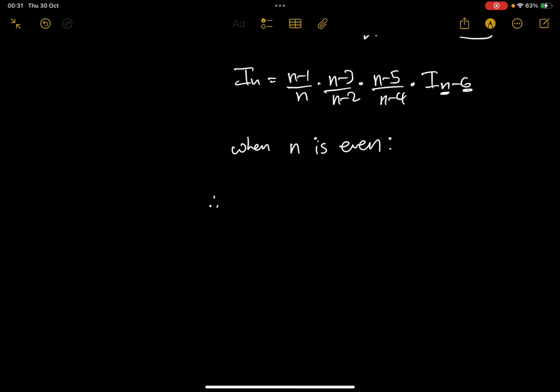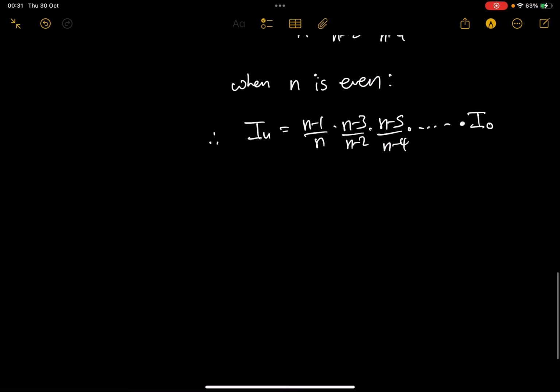Therefore, when n is even, I_n is equal to (n-1)/n, (n-3)/(n-2), (n-5)/(n-4), and it will go to a point of I_0 when n is even.